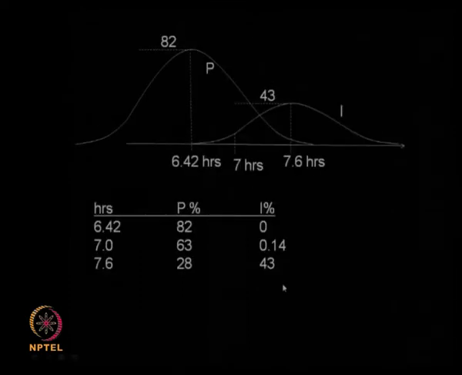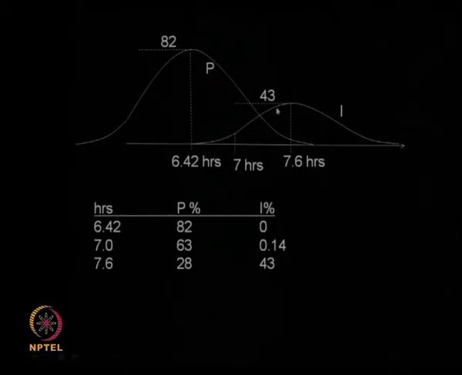Okay, now let us look at a two component system. You have a protein P, you have an impurity I. I did introduce this problem in the previous class also, I am repeating it again so that you are well conversant with this particular system. Now imagine you have a Gaussian type of distribution for protein P, the T0 or the retention time for the protein is 6.42 hours.